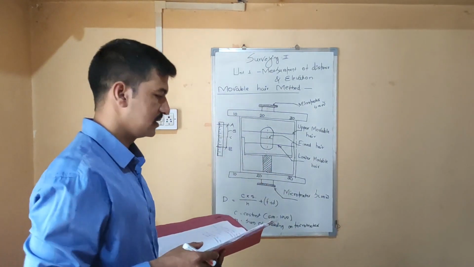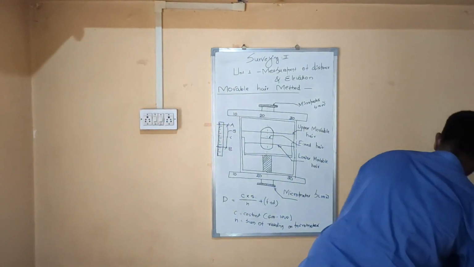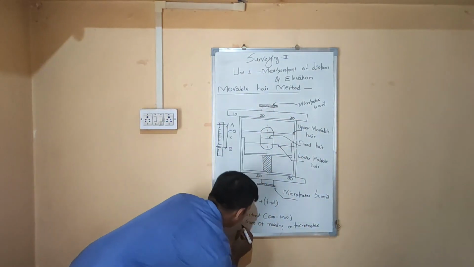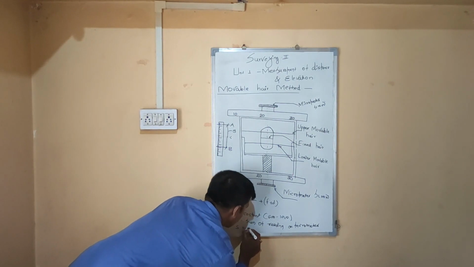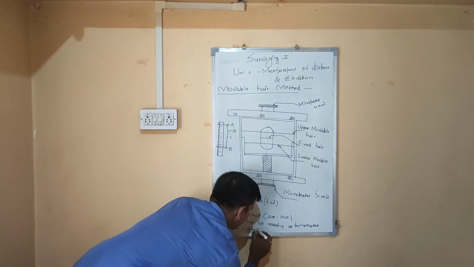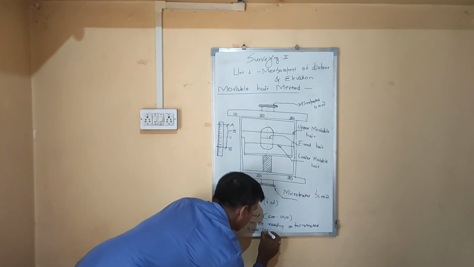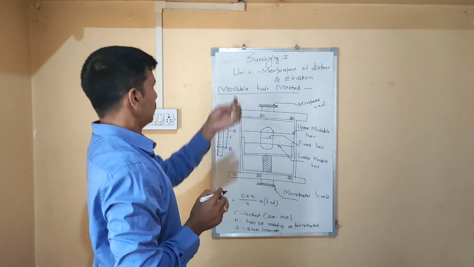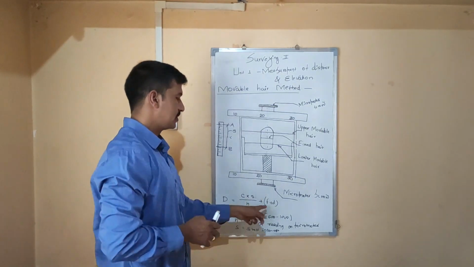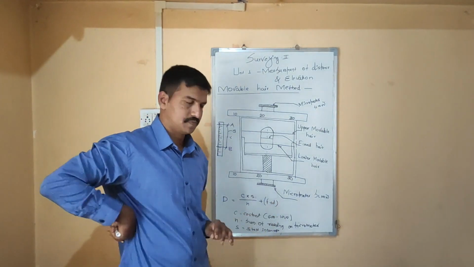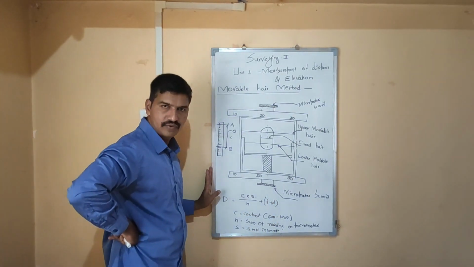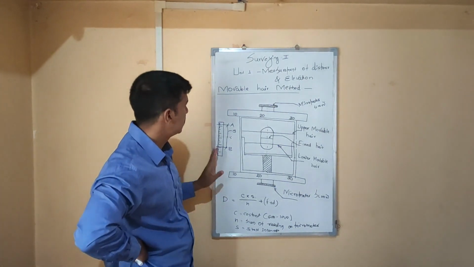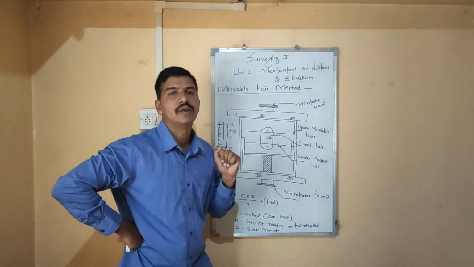And S is the staff intercept. F plus d is nothing but your additive constant. So by using this formula, we can calculate the distance D by using this movable hair method.